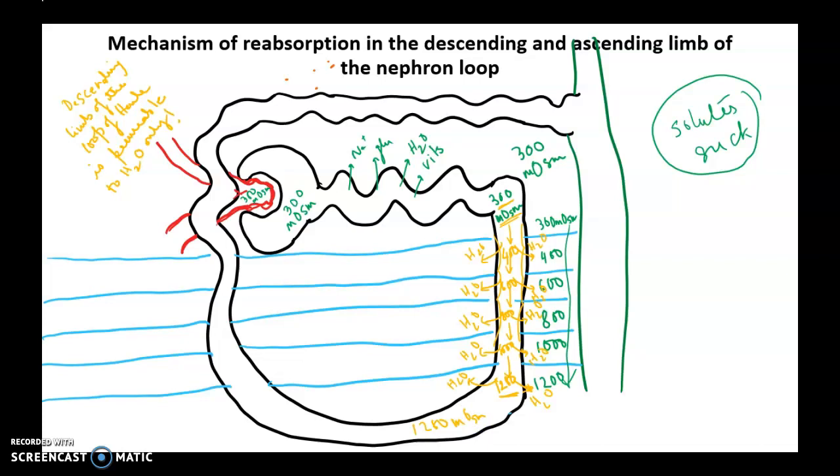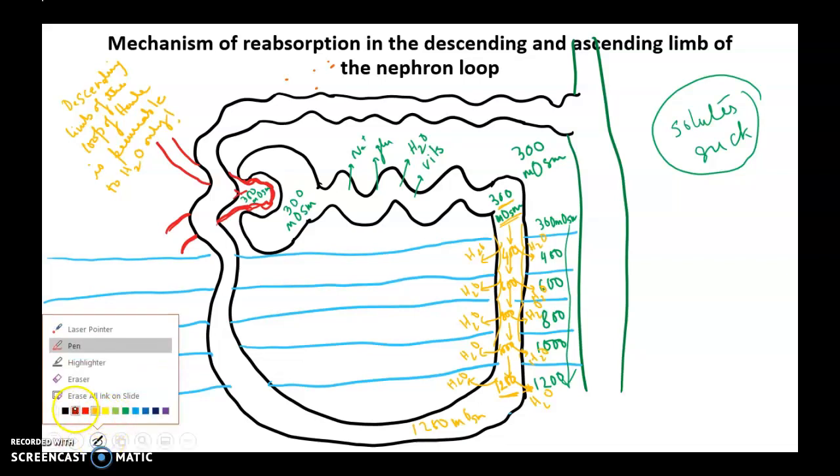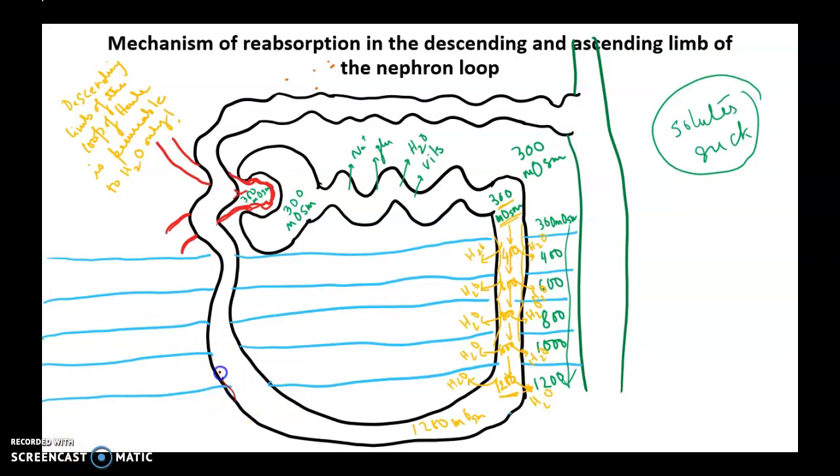So what will happen next? Before we see what happens at the ascending limb of the loop of Henle, I want you to remember that the cells lining the ascending limb are waterproof cells, meaning they will never allow water to either enter or leave the cell.